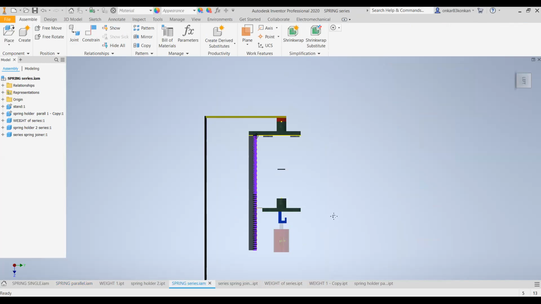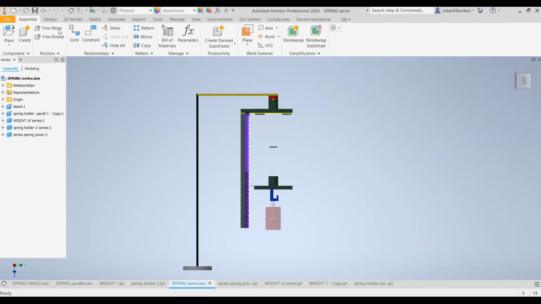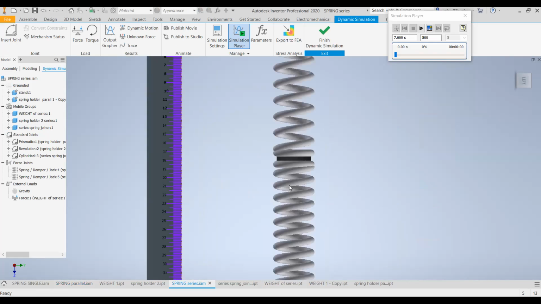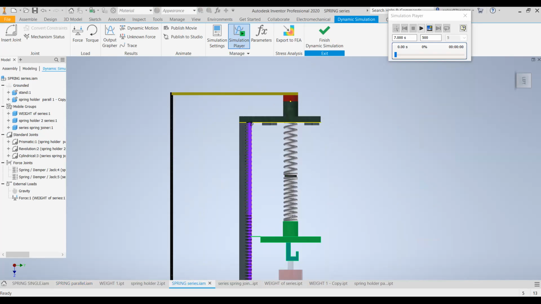Okay, so this is the series arrangement. So here you can observe two springs, they are connected in series at this point.